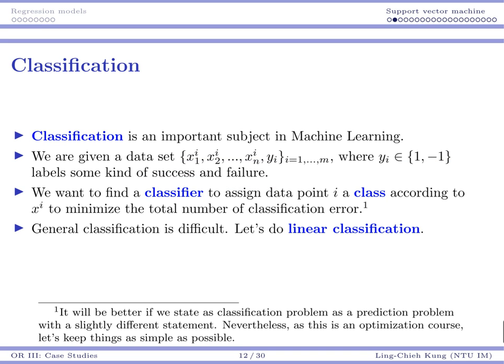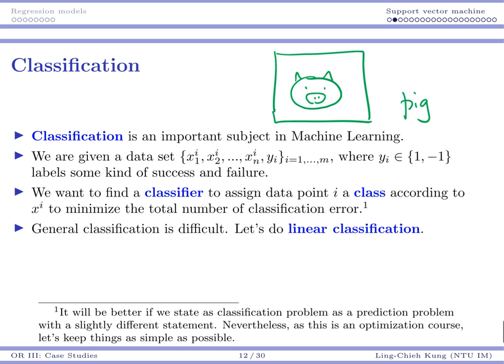For example, today there are a lot of applications talking about image recognition. Okay, so you are given a picture, and you get some kind of entities there. So for example, you get something like this. I guess everybody knows what this is. This is a pig, all right? So how do we know this is a pig? There are several different kinds of models.